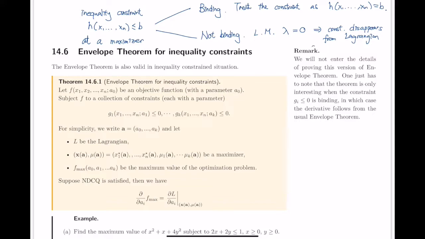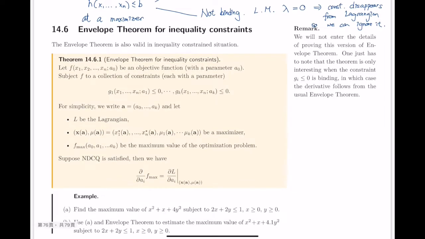So we can ignore it, okay? So when you have an inequality constraint, either you can ignore it when it's not binding, or when it's binding, you can treat it as an equality constraint. That's why for the envelope theorem, you really just have the version for equality constraints.